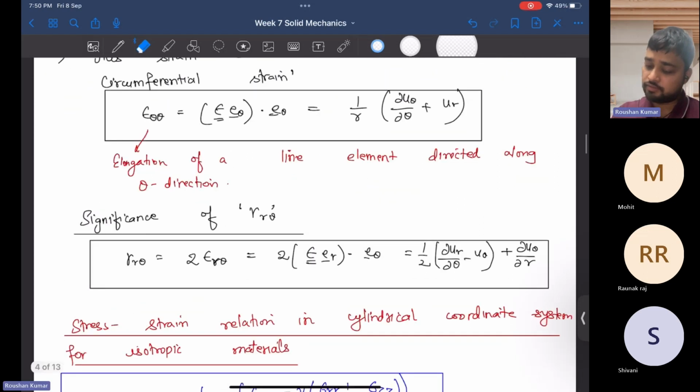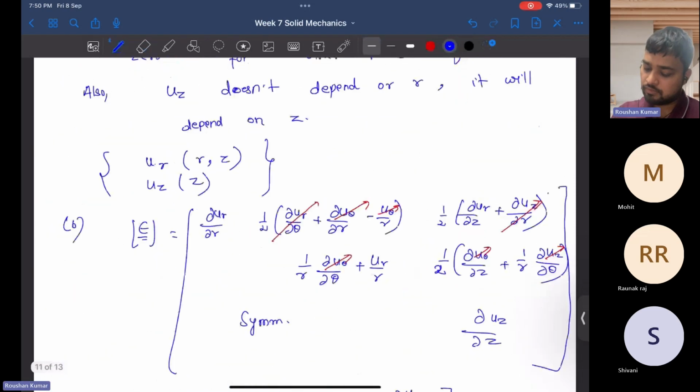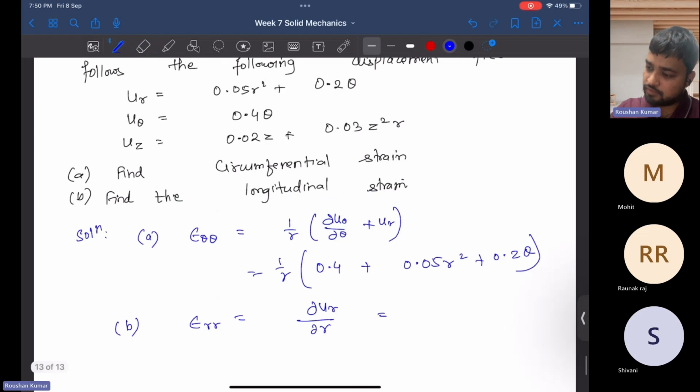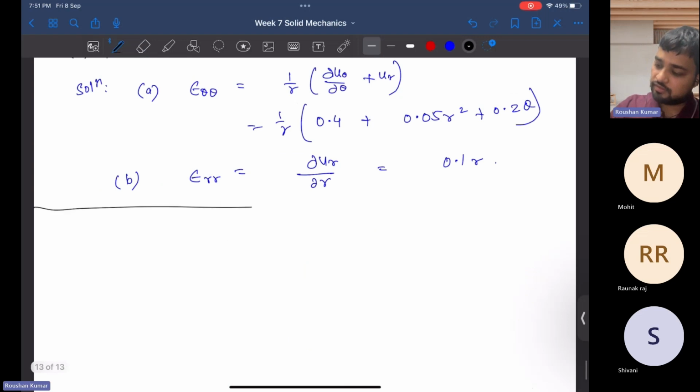Del u_r over del r: if we differentiate u_r with respect to r, we will get 0.1 r. Okay, so this is the value of the longitudinal, or we say radial, strain. So this is the question. Now the next question is problem number 6.